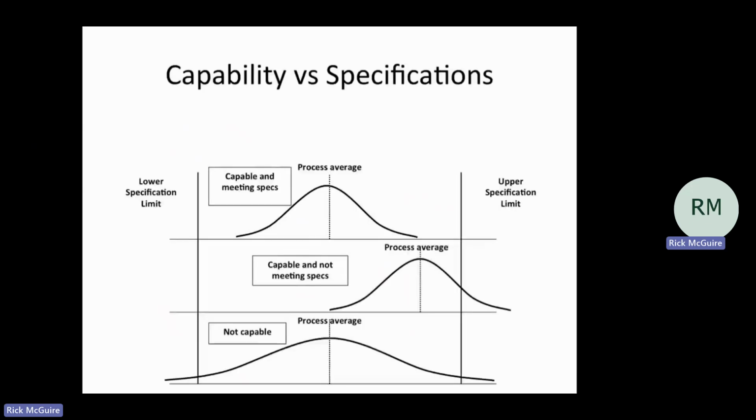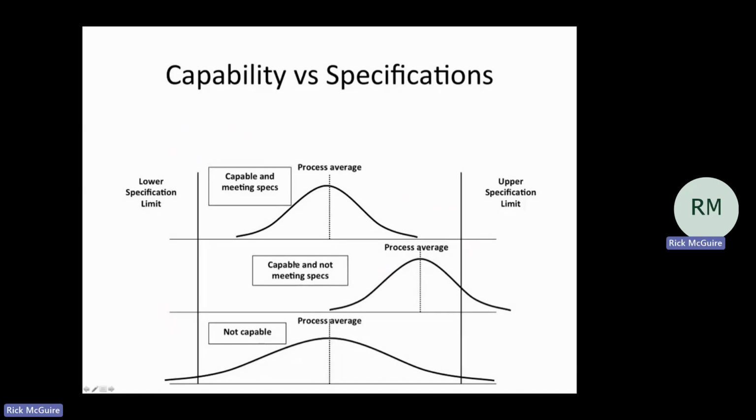For example, taking a look at this chart, I see that I have my lower specification limits and my upper specification limits, and at the very top example, I have my process average, and I have the distribution of my data points, and the variation is less than the specification limits, so my Cp value is going to be greater than 1.